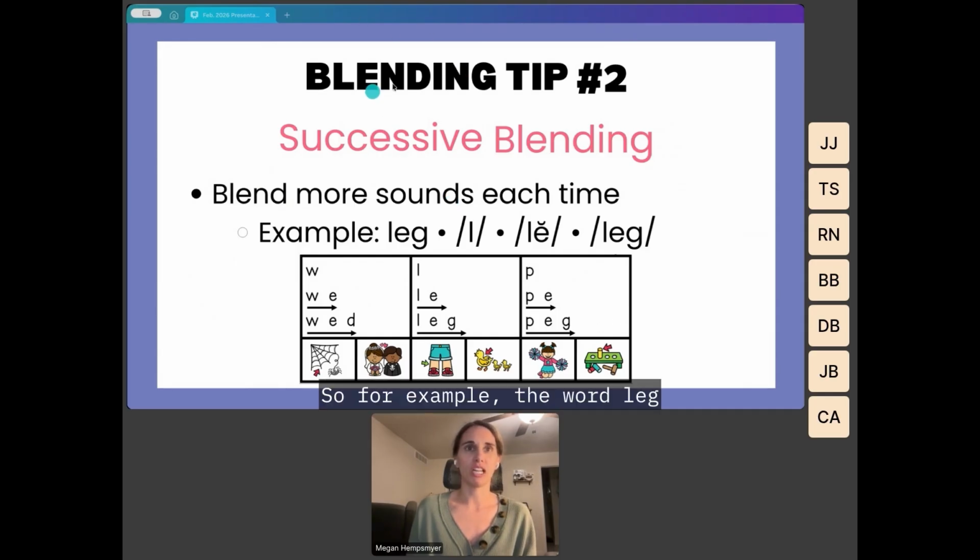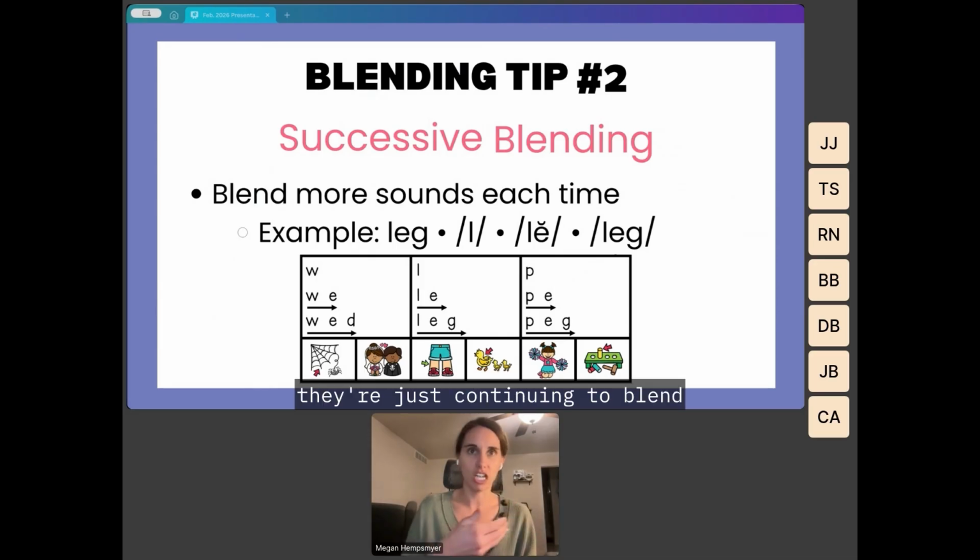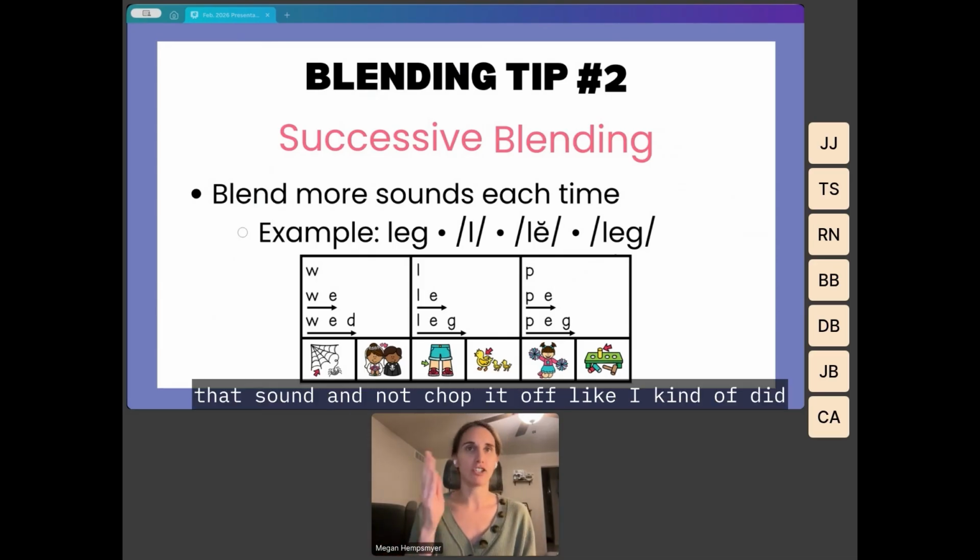So for example, the word leg: you can see they start with the first sound, ooh, ooh, ooh, egg. And even I kind of stopped short with the G. You want the students to really make sure they're continuing to blend that sound and not chop it off like I kind of did.